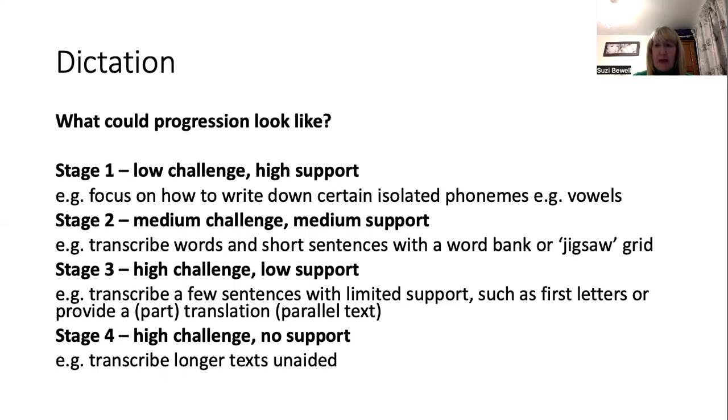For stage 3, we're getting more complex, high challenge with low support. So, for example, transcribing a few sentences with limited support, such as the first letters, or providing a part translation, perhaps in the form of a parallel text. And for stage 4, we're talking about high challenge and no support. So this could simply be transcribing longer texts unaided, probably what most of us think of when we think of dictation.